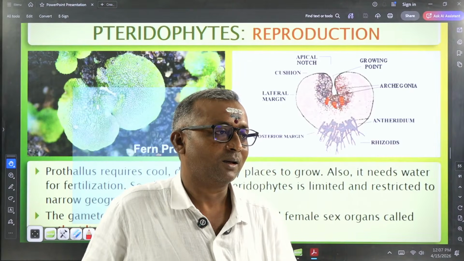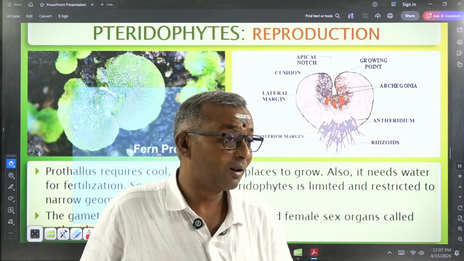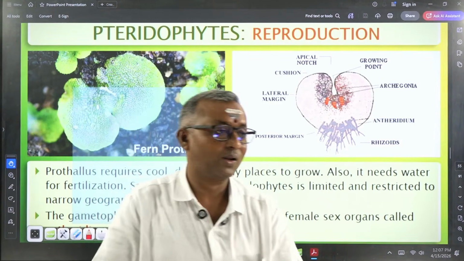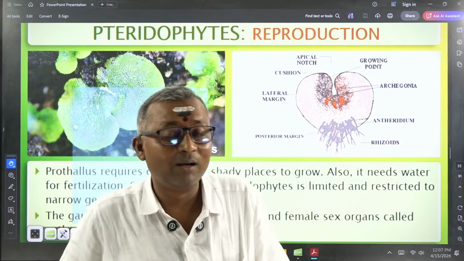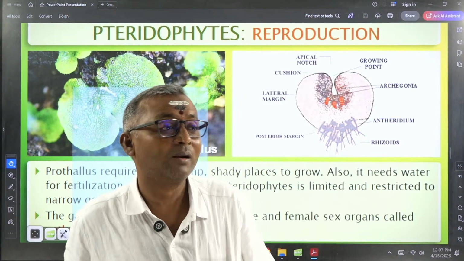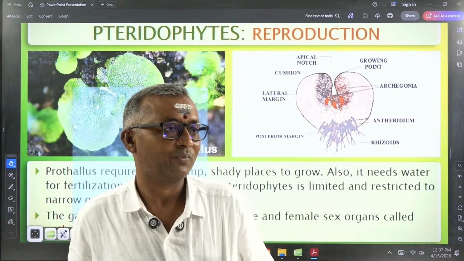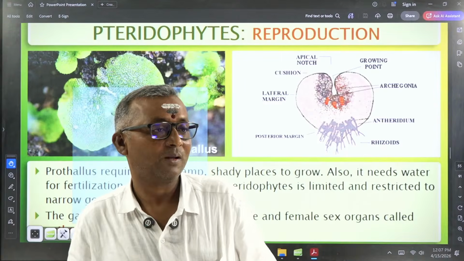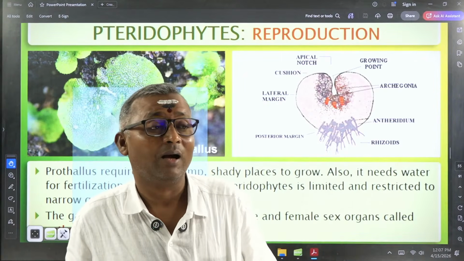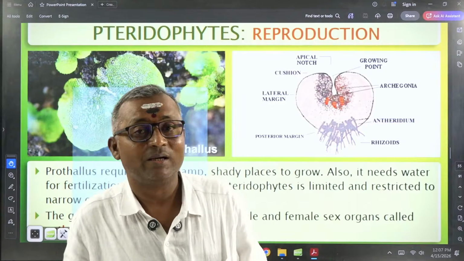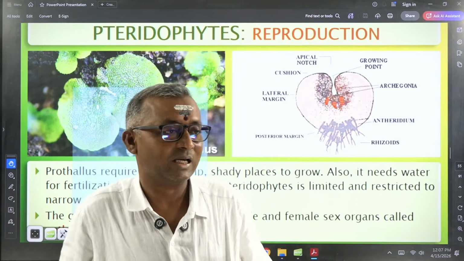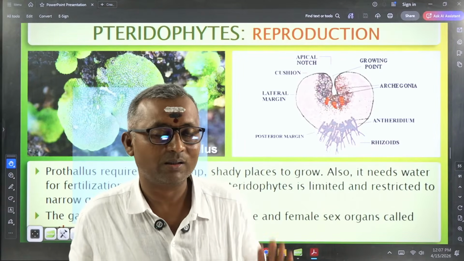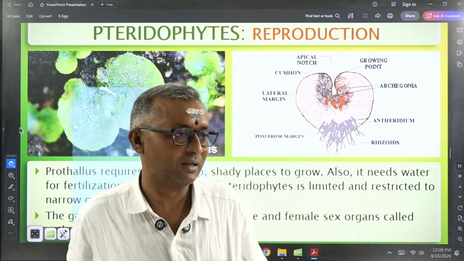Kartik says gametophyte and sporophytes are independent. Very good. Both are independent, but both are not dominant. Which is dominant? Still some of you are getting confused to remember. That's why I gave all the details in the last class and clearly explained how to remember and how to practice these things in yesterday's class.